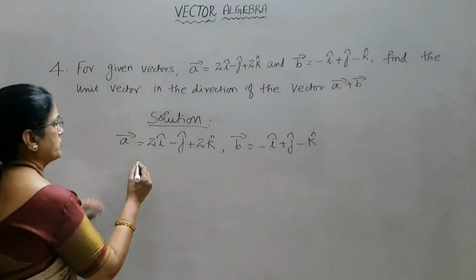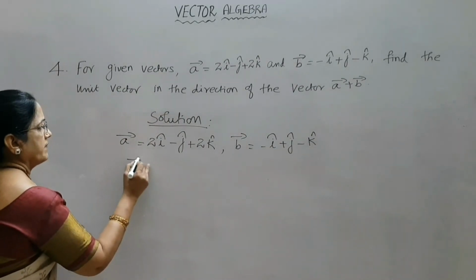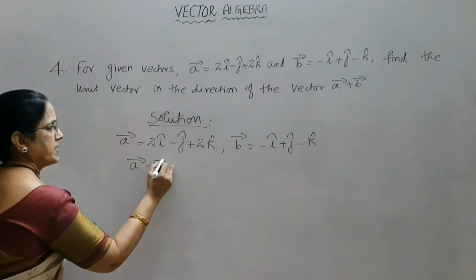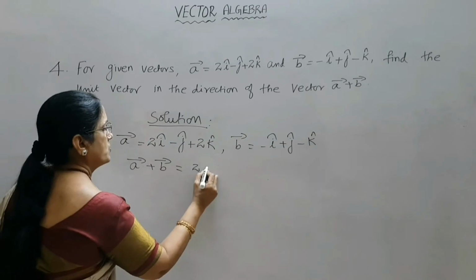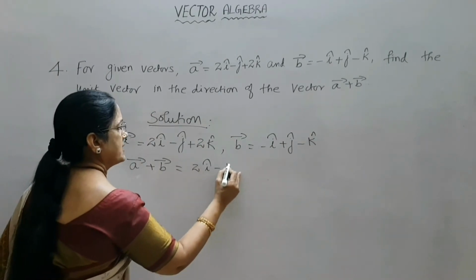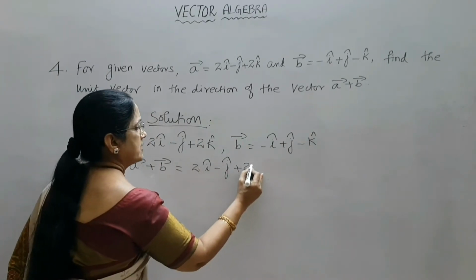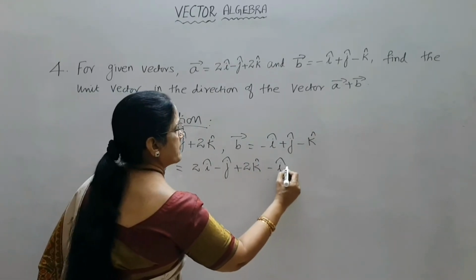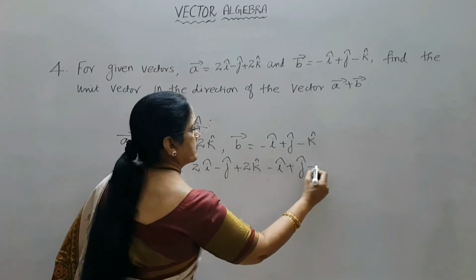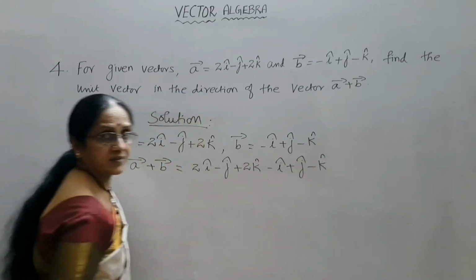Now let's find a vector plus b vector, which is nothing but 2i cap minus j cap plus 2k cap, and you have to add minus i cap plus j cap minus k cap.